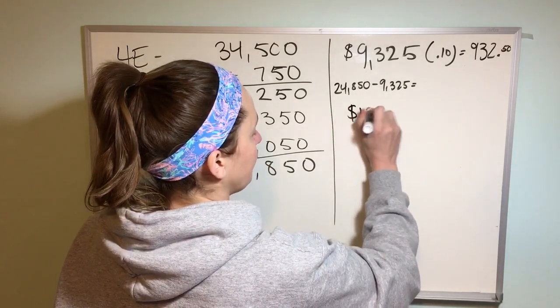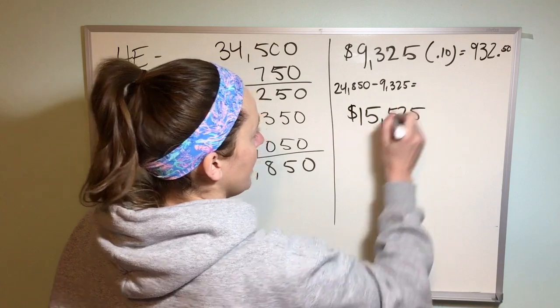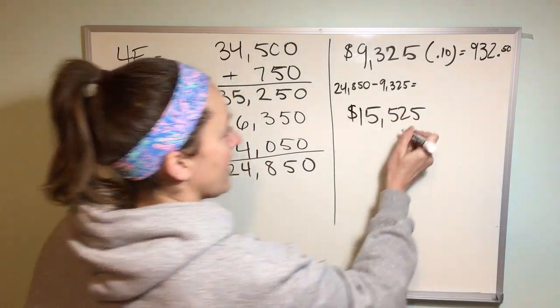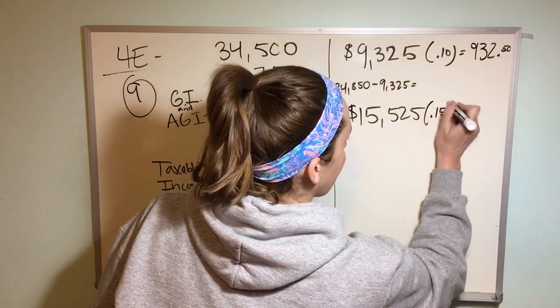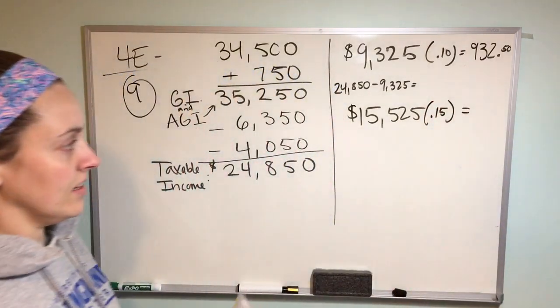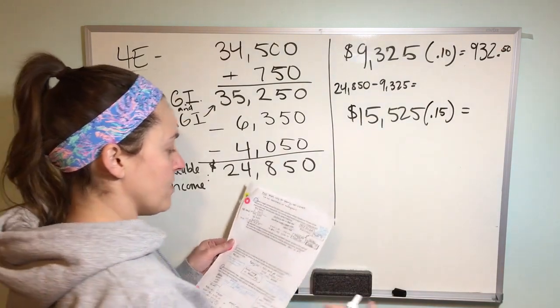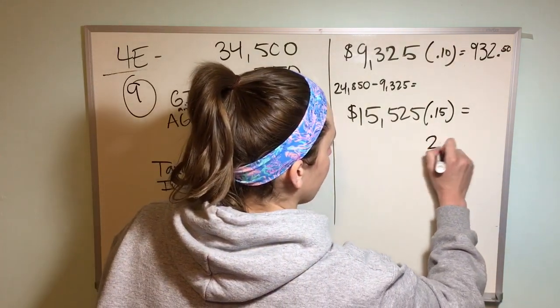If that's not what you got, double check with me, but adding this together looks right. And that amount again is taxed at 15%. So we'll multiply those, and I got $2,328.75.